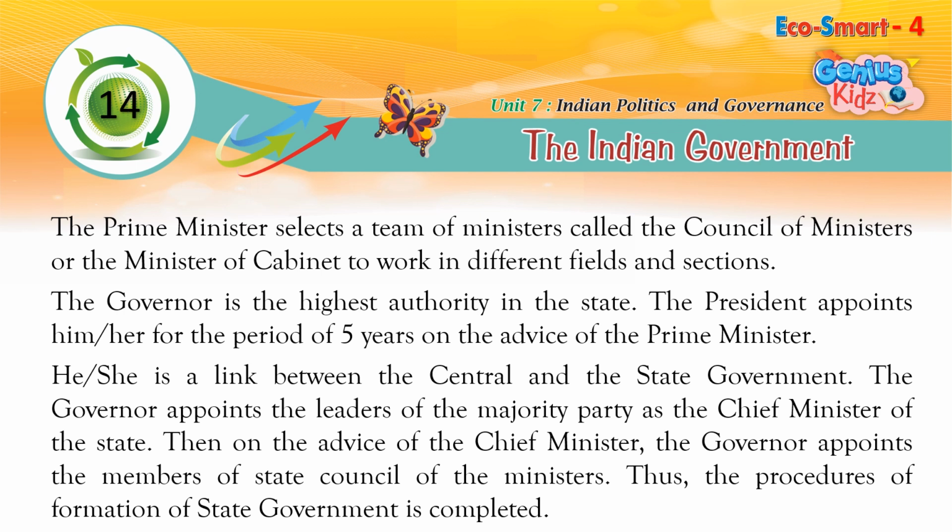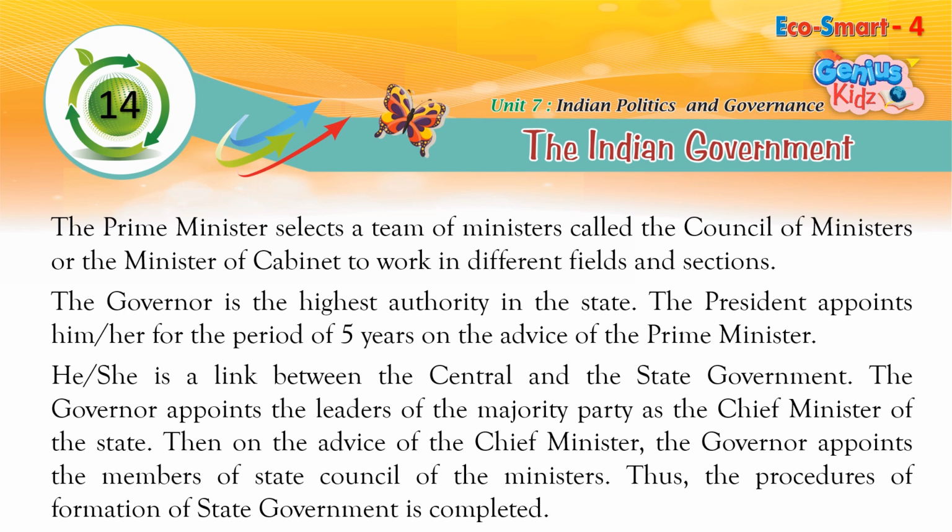The governor is the highest authority in the state. The President appoints him or her for a period of 5 years on the advice of the Prime Minister. He or she is a link between the central and the state government. The governor appoints the leader of the majority party as the chief minister of the state.